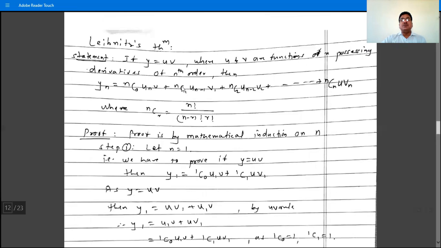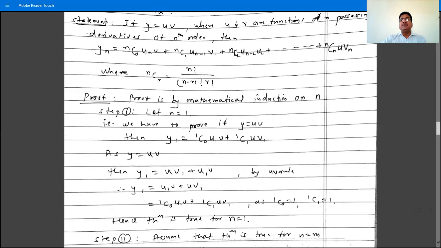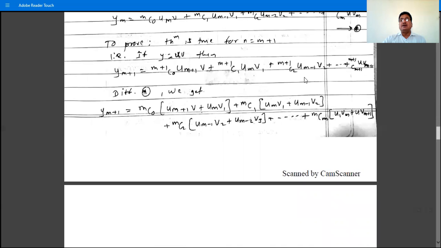Then m plus 1 C1 um v1 is the second term. Then m plus 1 C2 um minus 1 v2.